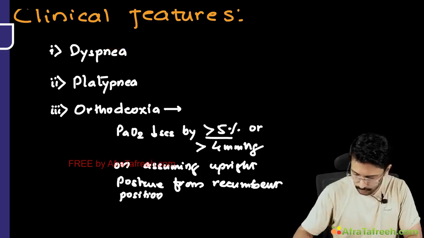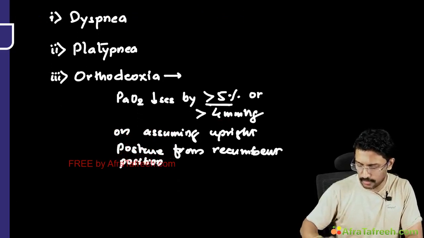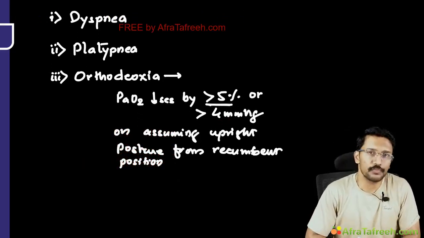Numbers are important here. So more than 5% decrease in PaO2 or more than 4 millimeters of mercury decrease in PaO2, we call it orthodeoxia.